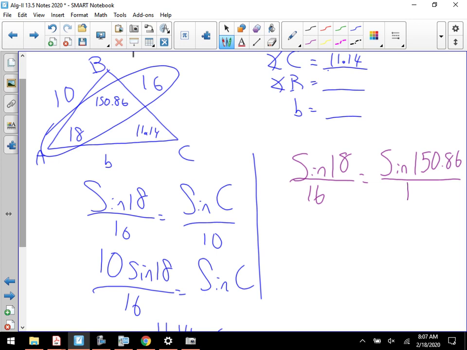That's little b. And then, let's see, so it'll be 16 sine 150.86 divided by the sine of 18. I got that. So B was at 150.